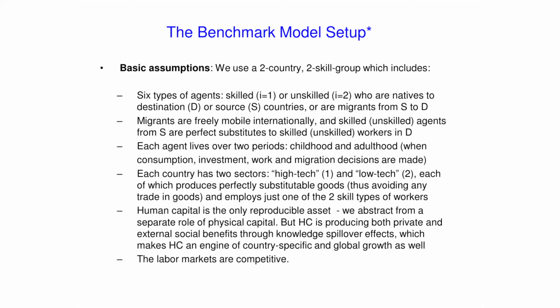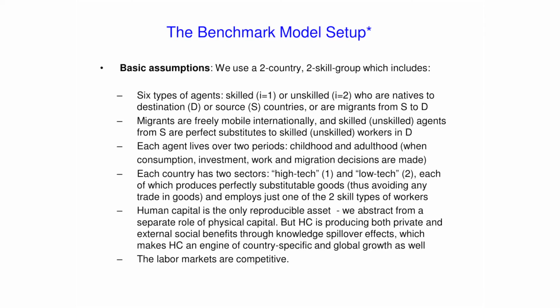Each country has 2 sectors, and that's another thing that is important here. We are taking into account a production sector as well, unlike the earlier Becker, Murphy, and Tamura, and some of the stuff that I did on that as well. We need a production sector as well to show the benefits from immigration or skilled immigration.